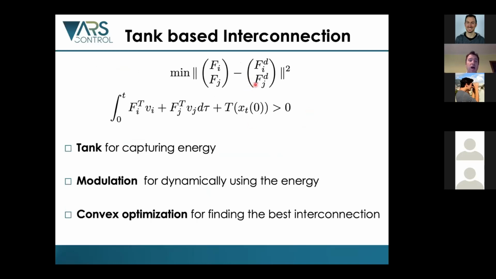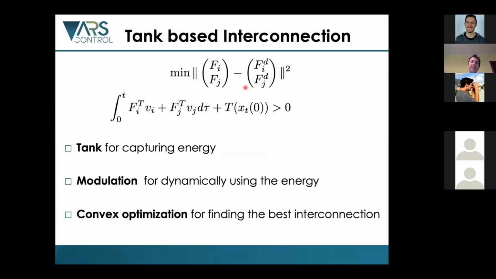Which is a convex optimization problem in discrete form. And what is this telling you? Well, it's telling you, very informally, do whatever you want as long as you leave some energy in the tank. Because if you leave some energy in the tank, I guarantee that you are passive, okay? And so I try to find the best passive interconnection for my pair of robots.